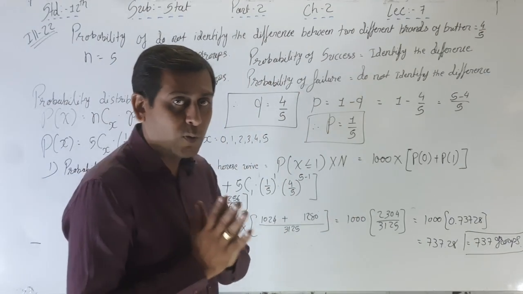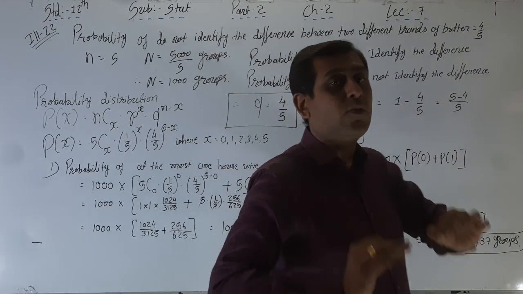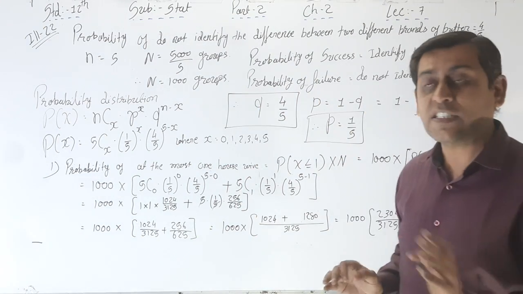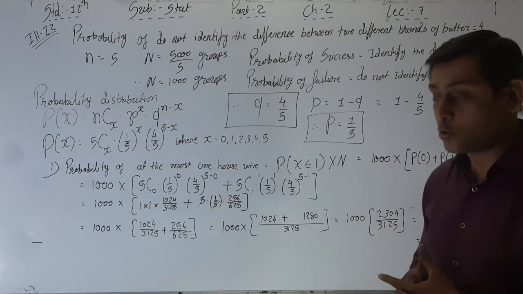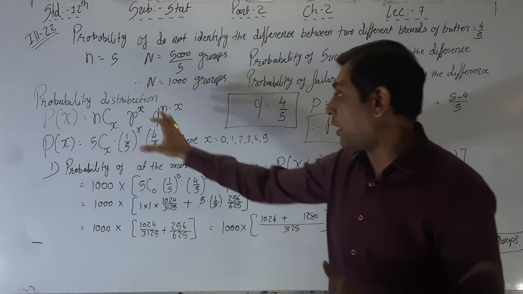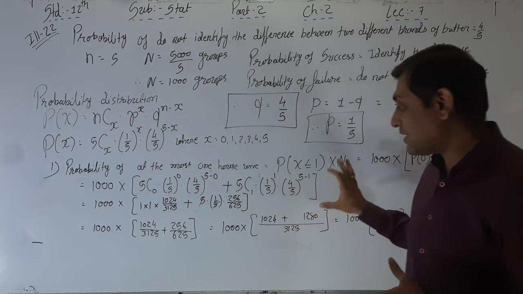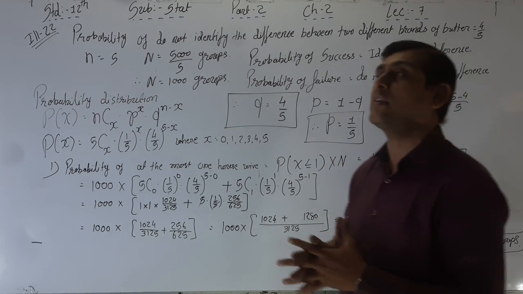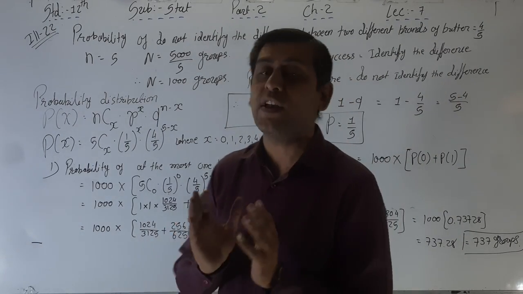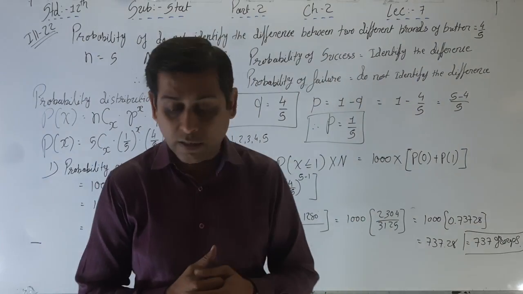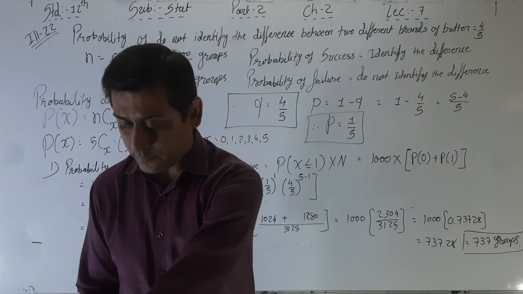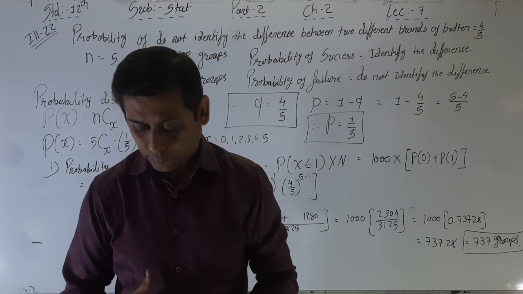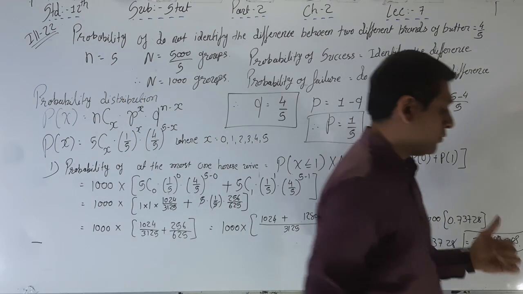Why P of 0 plus P of 1? Because the probability that we have to find out is less than or equal to 1. Okay, at the most. Now put the values into the formula, simplify it, and the final answer is 737 groups. So first of all, write down these and then we will discuss the second. Write down.